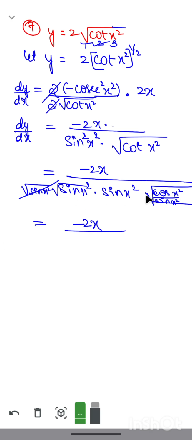root of sin x square into root of cos x square, and this looks like root a into root b together, which can be written as square root of ab. So I can write it in the form of root of ab. I'm combining sin x square cos x square, so that we get sin of x square into cos of x square.